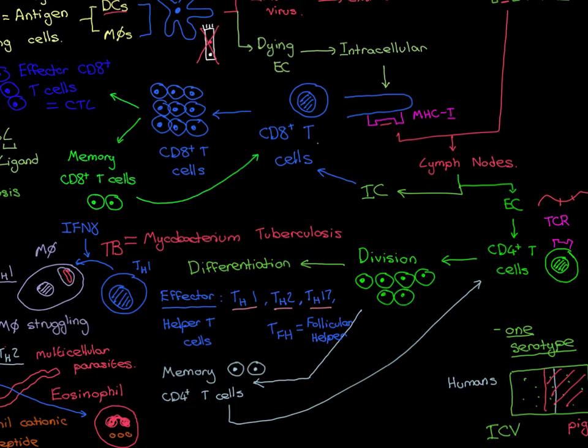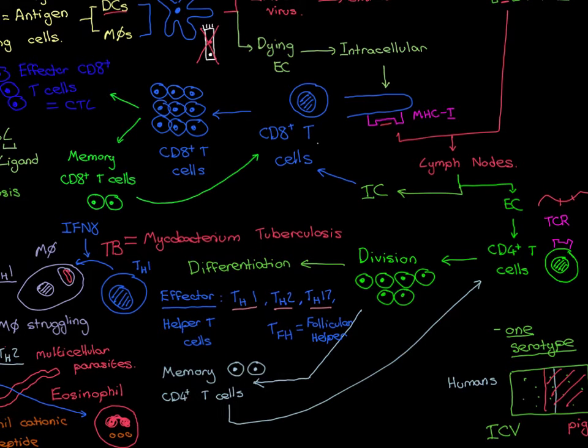What we think happens, however, is that all the cells at the site of inflammation release molecules, inflammatory mediators, signaling molecules that will go into the lymphatic vessels, drain to the lymph nodes, and instruct these CD4 positive T cells what type of effector T cell is necessary to conquer this type of pathogen.